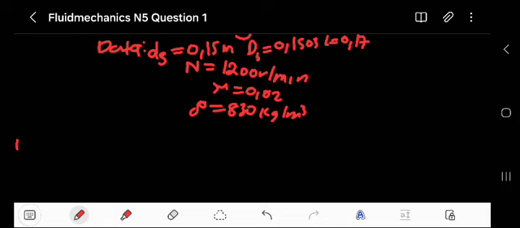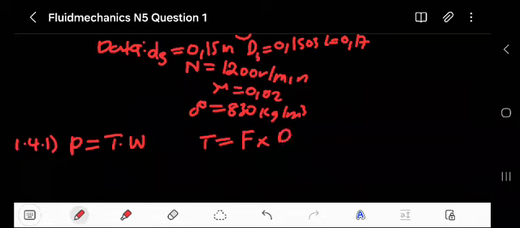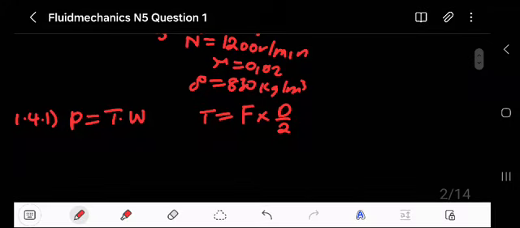So 1.4.1, the power, whereby you say the power is torque multiplied by angular velocity, whereby the torque itself is equal to force multiplied by diameter divided by 2, which is obviously the radius, whereby again the force itself is equal to coefficient of dynamic viscosity multiplied by area multiplied by the velocity divided by thickness.